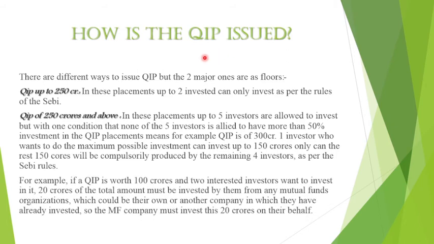Now we will see an example of this. If a QIP is worth 100 crores and two interested investors want to invest in it, then 20 crores of the total amount must be invested by them from any mutual funds or organizations, which could be their own or another company in which they have already invested.